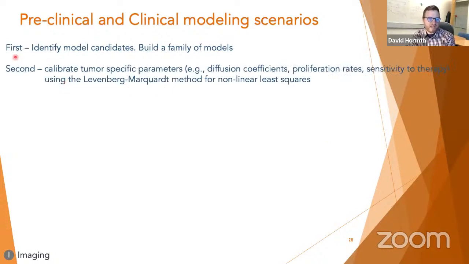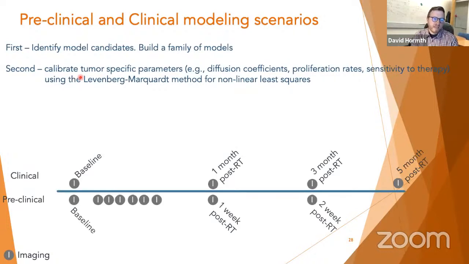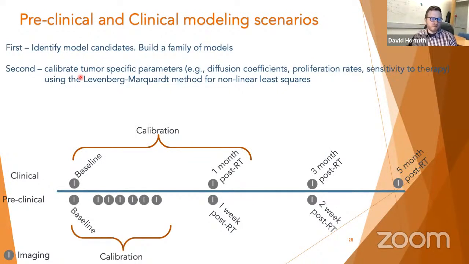Once we have this family of models, we're going to calibrate the tumor-specific properties, so things like diffusion coefficients, proliferation rates, response to radiation therapy, using a Levenberg-Marquardt method for nonlinear least squares. For the clinical study, that might be calibrating to the baseline and 1 month image, or for the preclinical, calibrating to the baseline and all the images collected during radiation therapy.